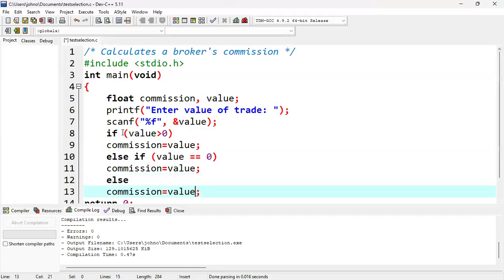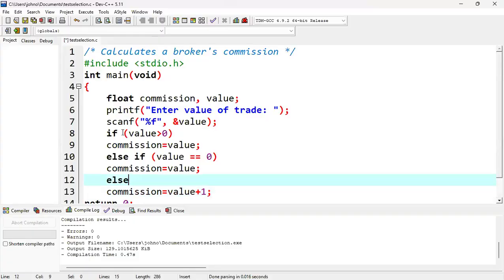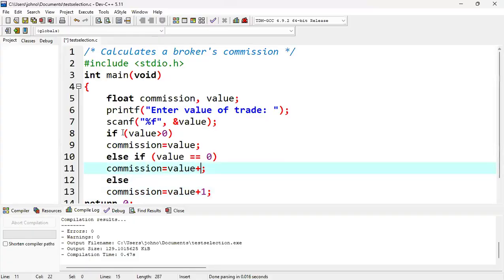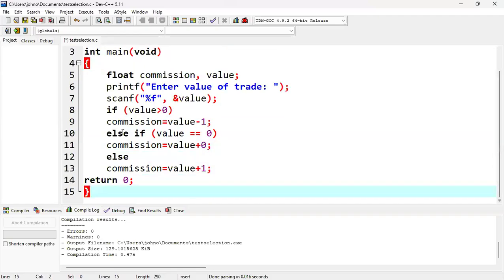Let's say if it is now greater than 0 plus 1, value plus 0, value minus 1. Okay, so we can come down and make a print statement.